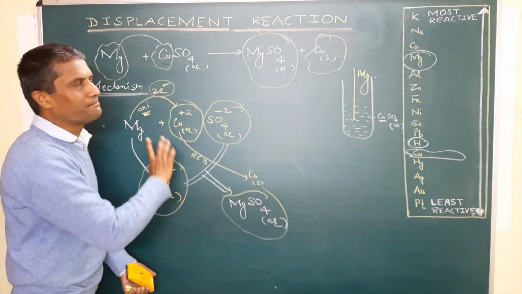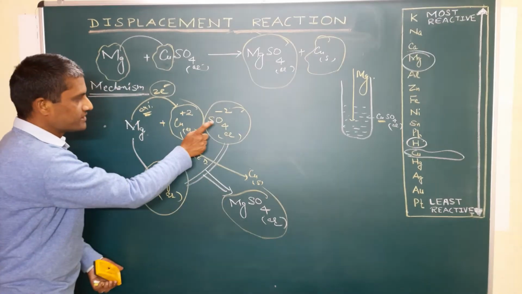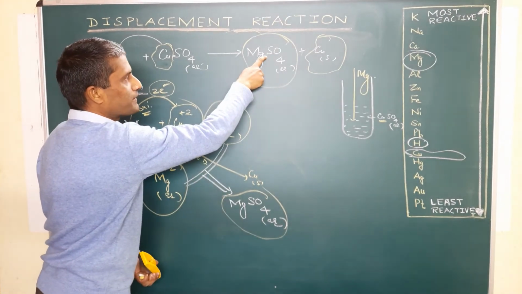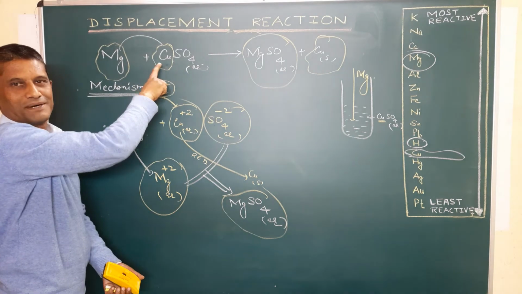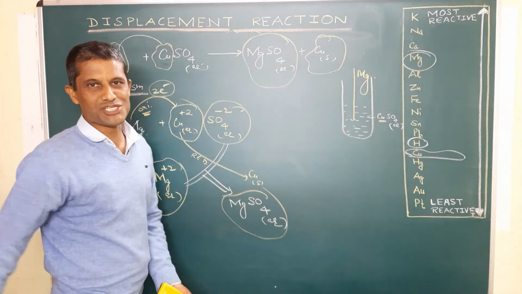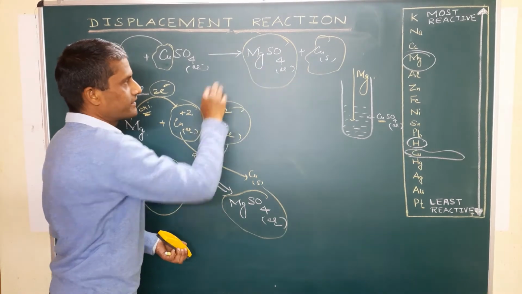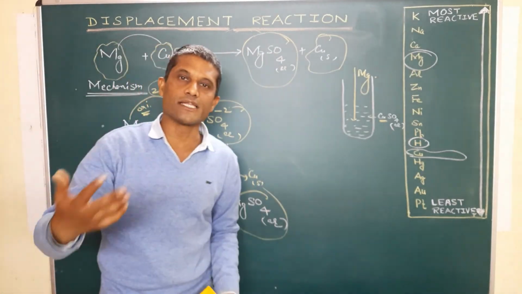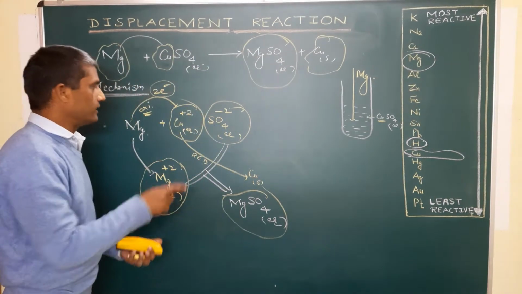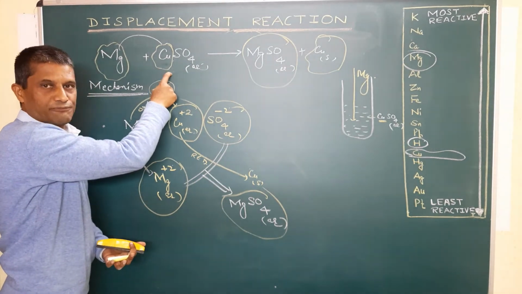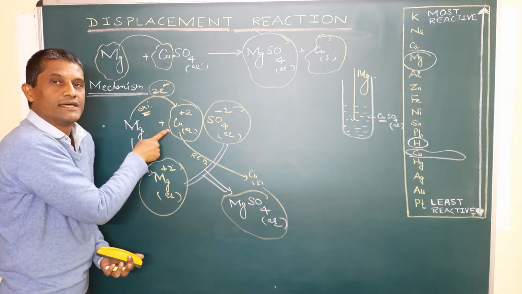And you can see very clearly here that in the company of sulfate ion it is no more copper, but it is right now the magnesium ion, and it is MgSO4, white in color. That's how the color is going to disappear, because the blue color of copper sulfate is due to the cupric ion.